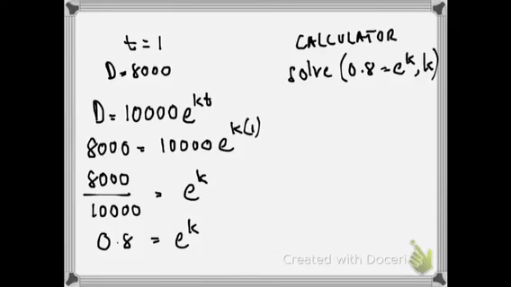That can now be solved on the calculator. Solve 0.8 equals e to the power of k, and you get k equals negative 0.223 to 3 decimal places.